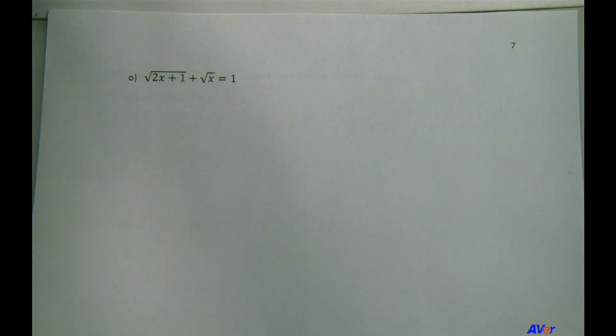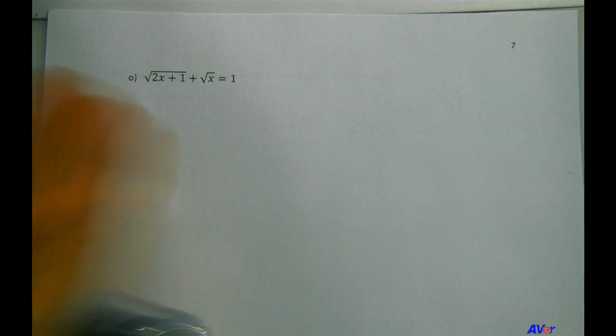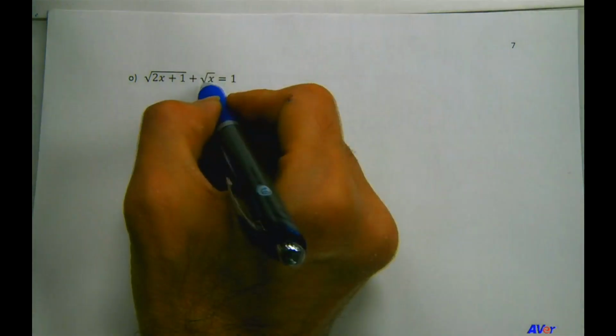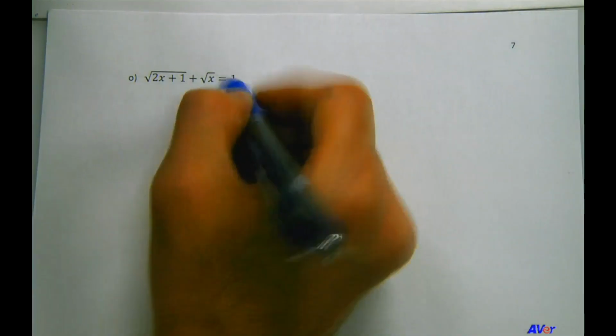Previously, when we had only one radical expression, we isolated it on one side, and everything else was on the other side, right? When you have two, you want to make sure that each radical expression is on a different side of the equation. So I'm going to move this square root of x to the other side.